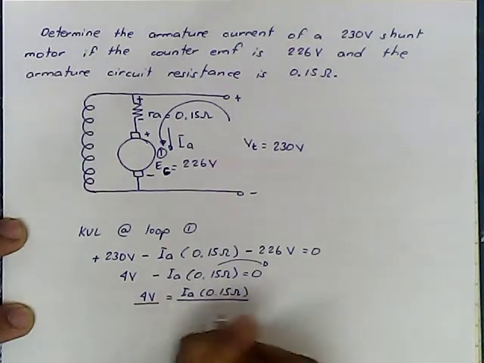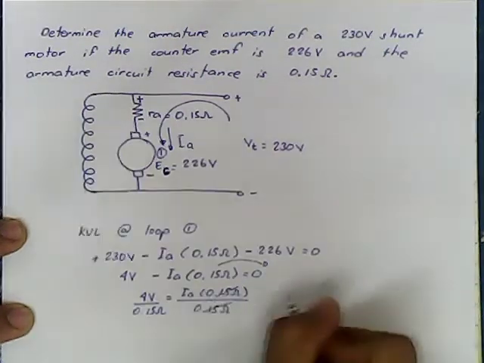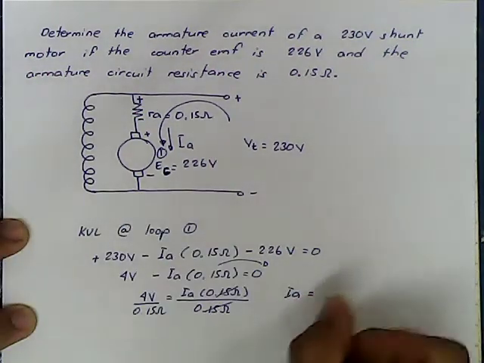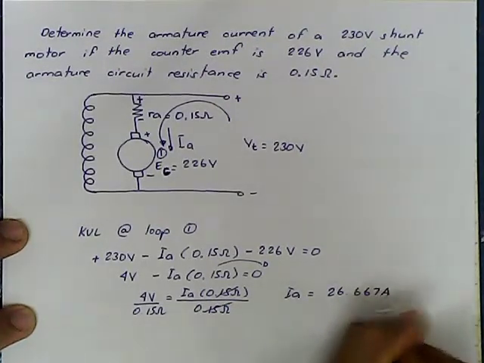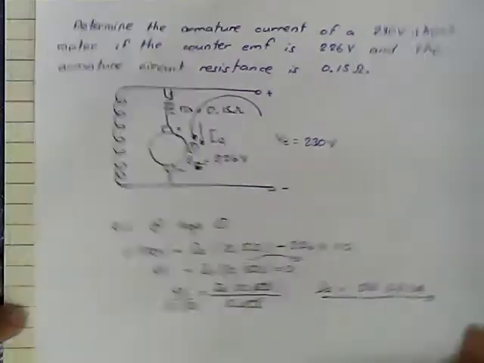Divide both sides by 0.15 ohms, so it cancels out here. The value of our armature current is 4 volts divided by 0.15, which gives us 26.667 amperes. Now, let's go to a similar problem.